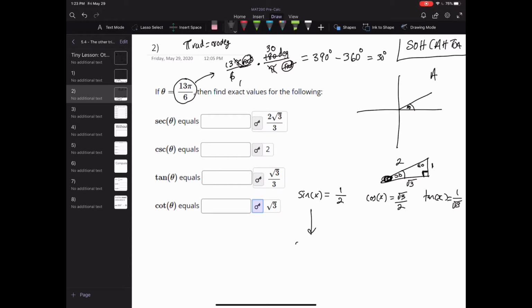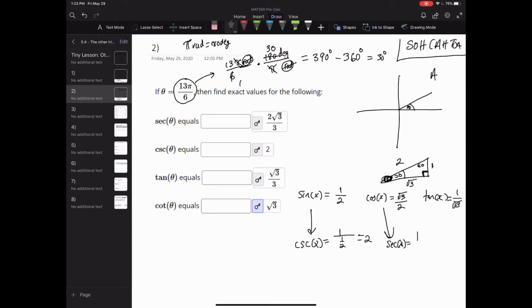So let's write cosecant. So it's 1 over a half, and that is actually just 2. Like how many times could a half go into 1? Twice. So this one is secant.